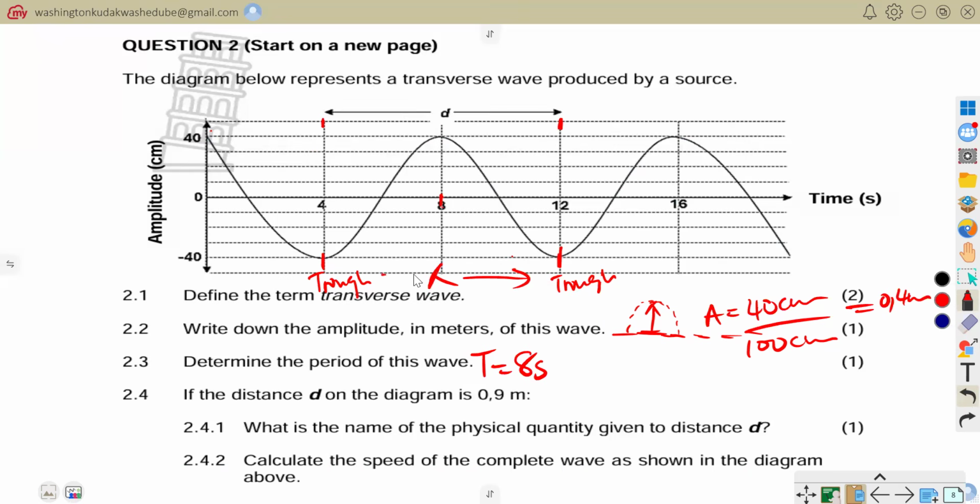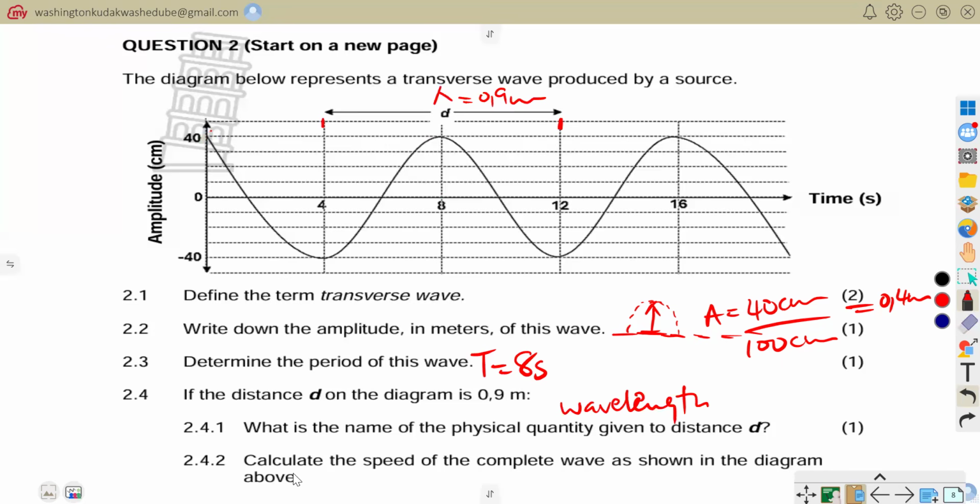So the distance d is simply equal to our wavelength, and they are saying it's 0.9 meters. So the distance from one trough to another, or else from one crest to another, is what we refer to as our wavelength. Now they are asking, what is the name of the physical quantity given by the distance d? It is our wavelength.